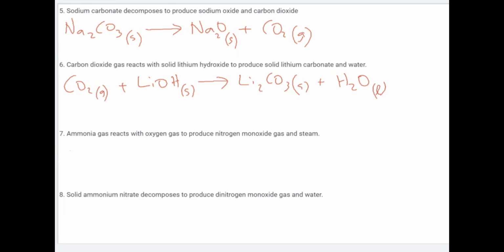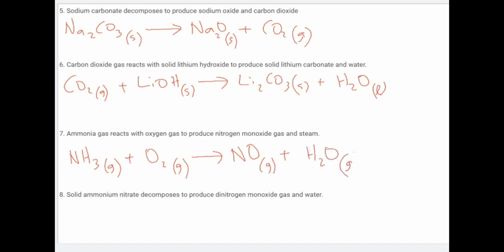Ammonia gas, so that's NH3, it's gas, reacts with oxygen gas, so O2 gas, and it produces nitrogen monoxide, so that's NO, and that is a gas, and steam, which is just water in gas state.